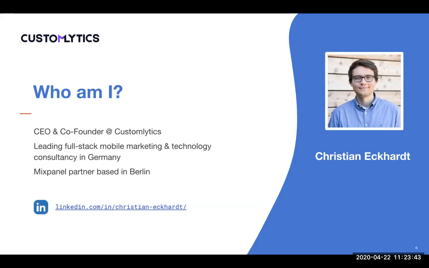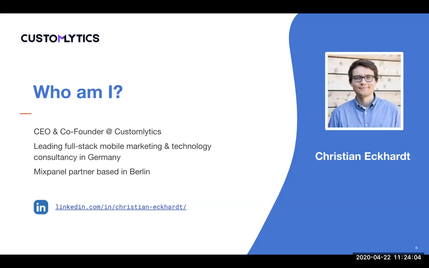In the first part, I will talk you through what we think is a good technological setup for a mobile app. So what kind of tools, but also techniques or technologies, do you need to successfully run an app business and successfully promote an app? That's going to be the first part.